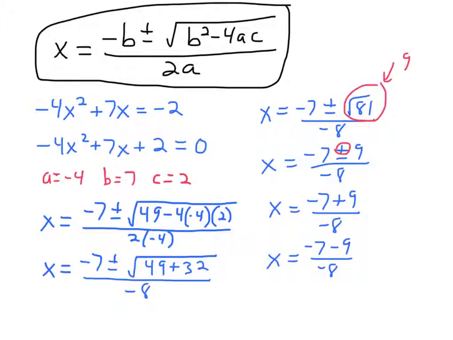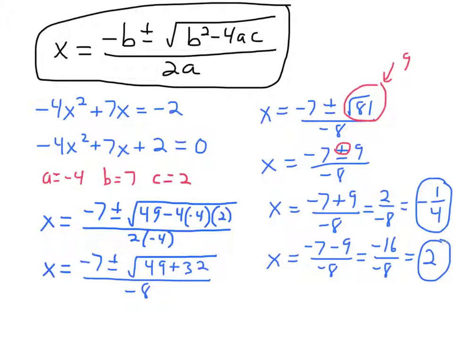So in the first case, negative 7 plus 9 would be a positive 2. And divided by negative 8, that reduces down to negative 1/4. So that would be one of your solutions. And then in the other case, you have negative 7 minus 9, so that would be negative 16 divided by negative 8, which would be a positive 2. And that would be your other solution.